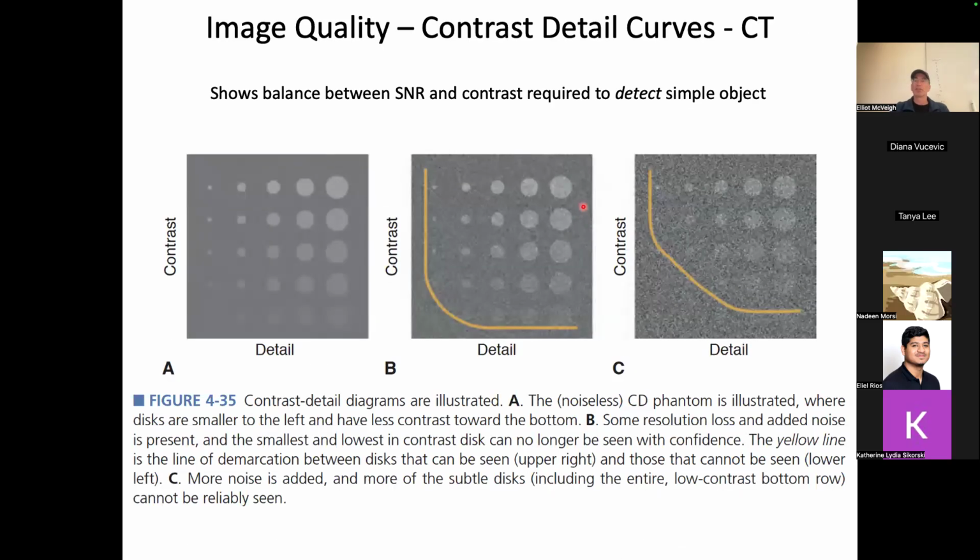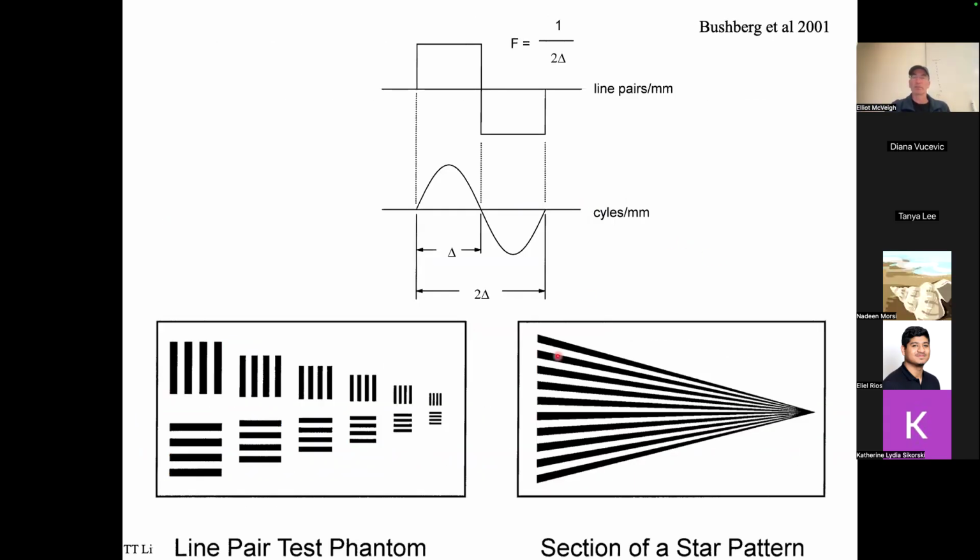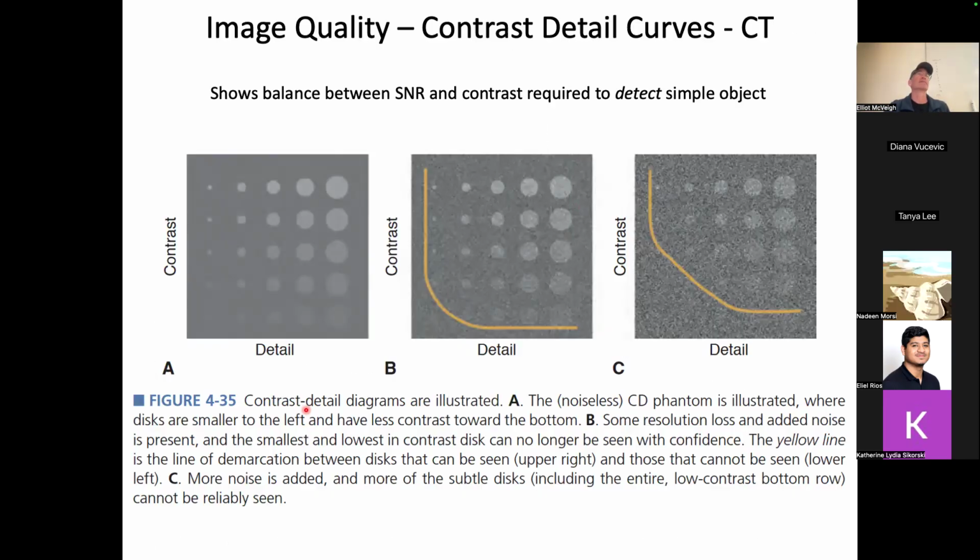Okay, so that's spatial resolution in a nutshell. We're going to characterize it with the point spread function, which is, if I image a tiny dot, how big is the blob? If I take that blob and take its inverse Fourier transform, I get the modulation transfer function in spatial coordinates. Or I can directly measure how the amplitudes go down with spatial frequency by using phantoms that look like this or like this. Okay.